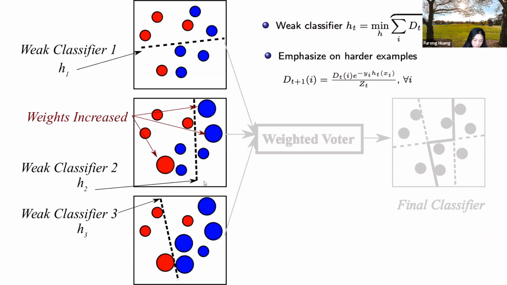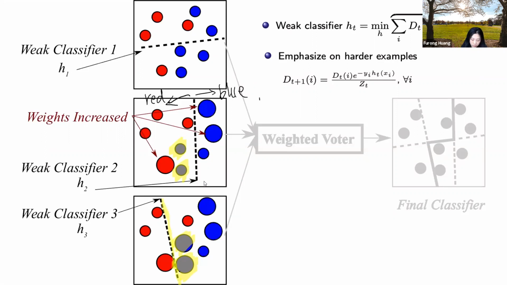If you classify everything here as red and everything here as blue, you're still making mistakes on these ones. So now in the next round, not only should you focus on these examples, but you should also focus on these two examples because I'm making mistakes on these two as well. So you have another weak classifier, you pay more attention to these harder examples, and now you get a new classifier, which is this H3 here.